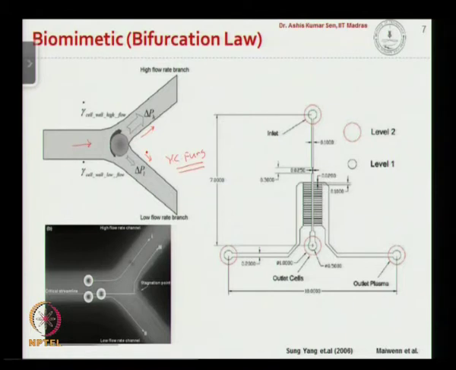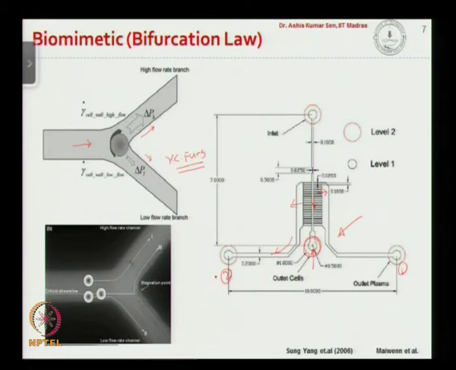So as you can see here, one such device has been fabricated by Maven et al, and it was demonstrated that blood having the cells and the pure fluid, which is the plasma, by establishing the channel geometry such that the flow rate in this direction is higher as compared to the lateral direction, the cells could be collected here in the high flow rate channel, they can flow and can be collected at this outlet, and the plasma which is particle free fluid can flow in the side channels and be collected at these outlets.